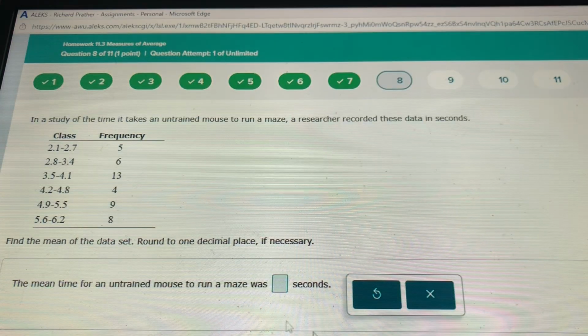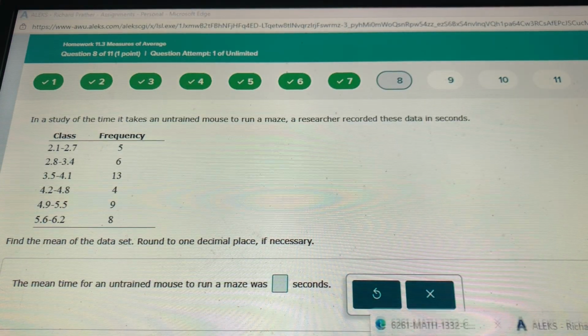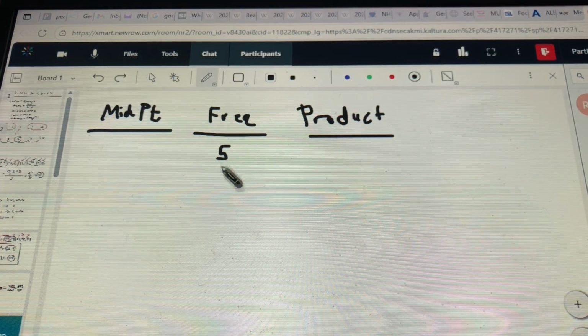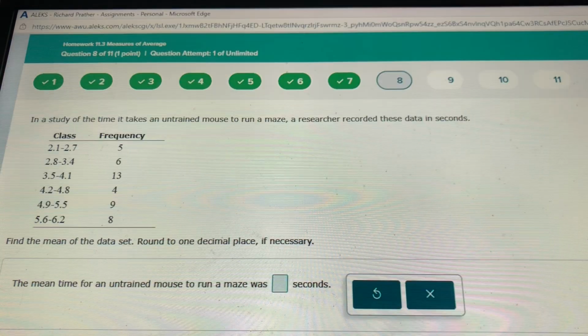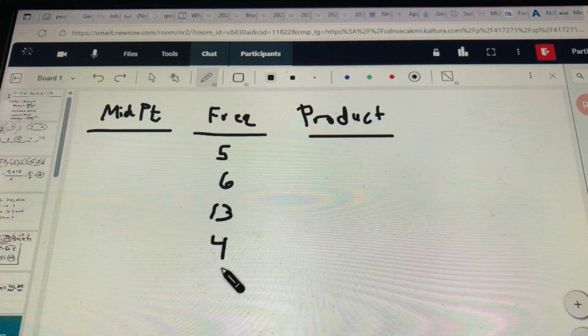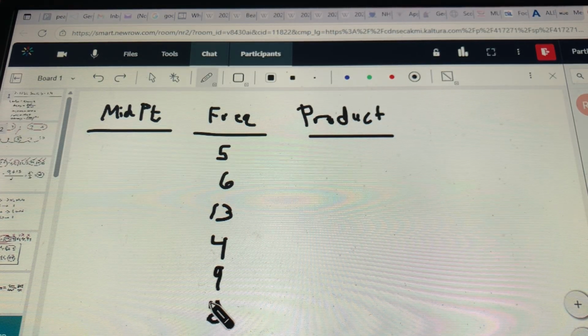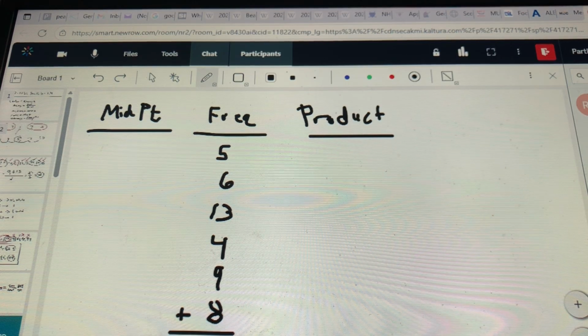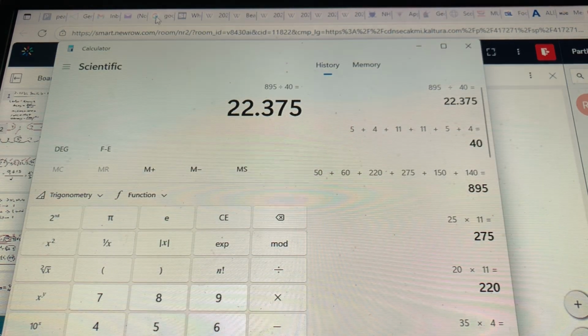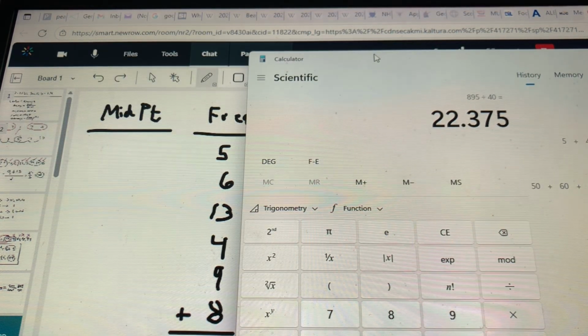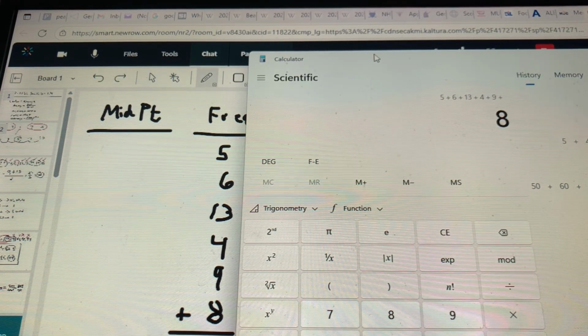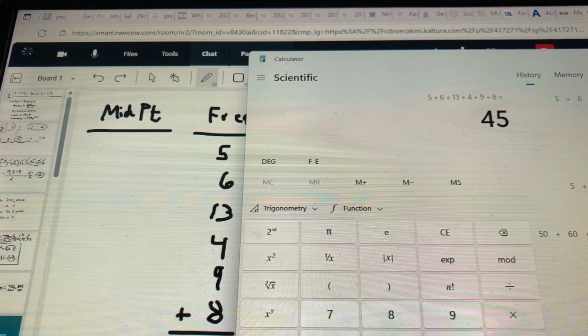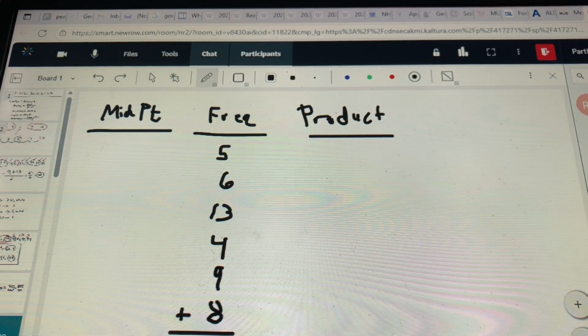So the frequencies are given 5, 6, 13, 4, 9, 8. I could even add those up right now and get how many numbers are in my data set. 5 plus 6 plus 13 plus 4 plus 9 plus 8. 45 is what we're going to end up dividing by.